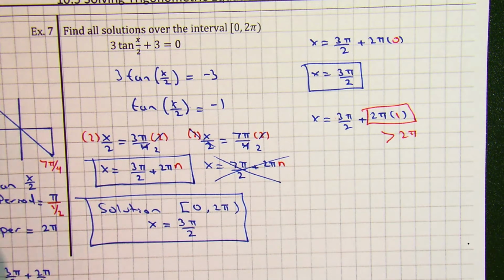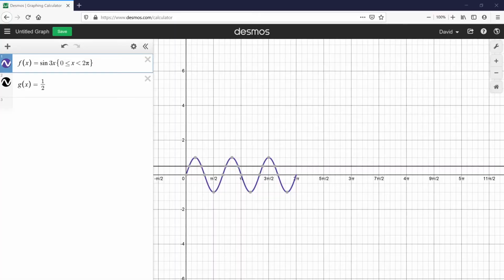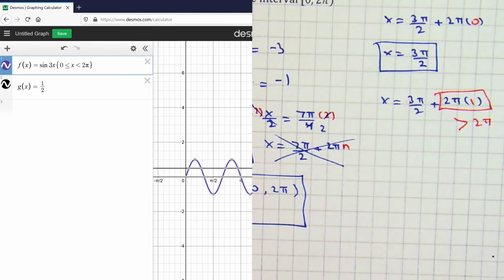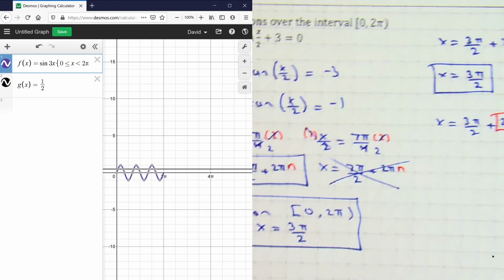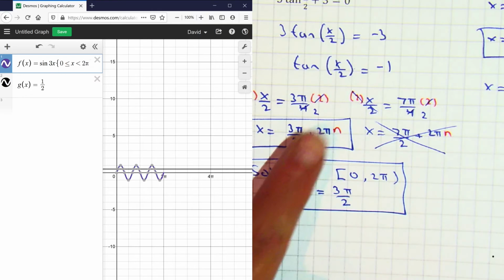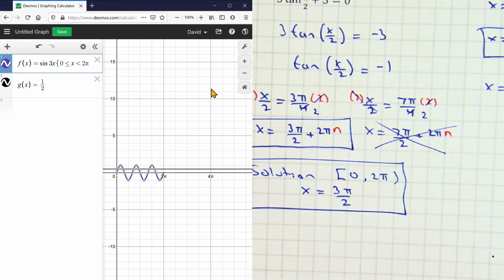And let's look at this graphically. So let's go into decimals. Once again, I'm just going to graph this part of the equation. And I'm going to leave it from 0 to 2 pi.